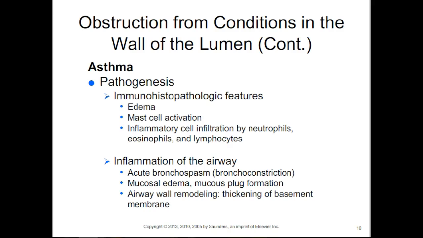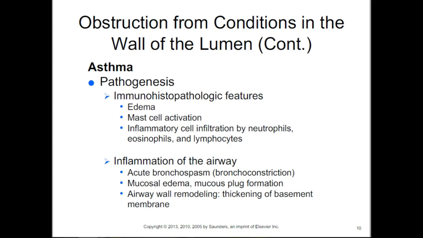And I mentioned that one of the things that you're going to see increased in your patients with asthma is the mucus producing cells, so mucosal glands in the membrane, inside the lamina propria layer, the connective tissue layer just inside the epithelium of your bronchi and bronchioles.